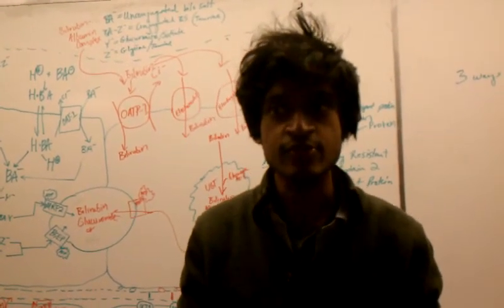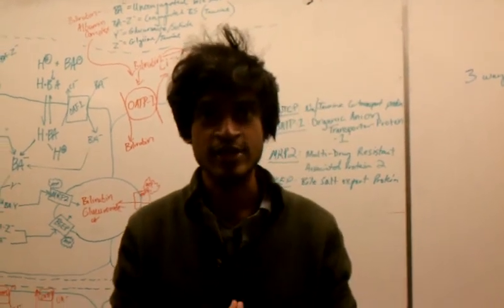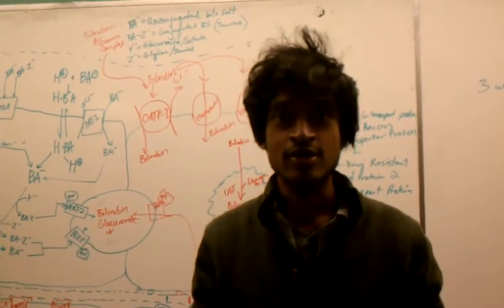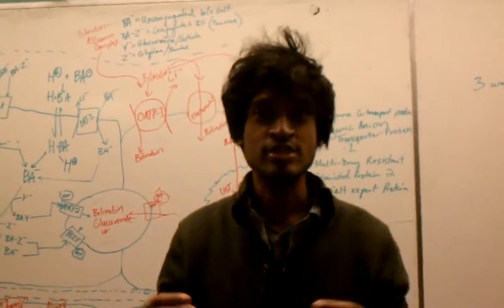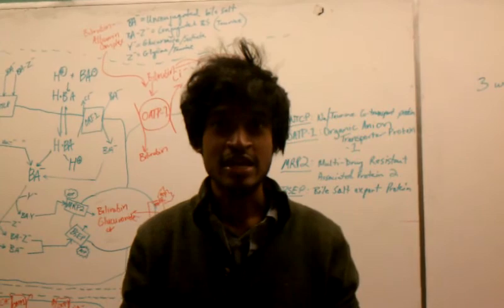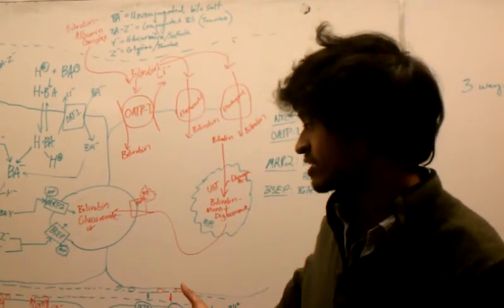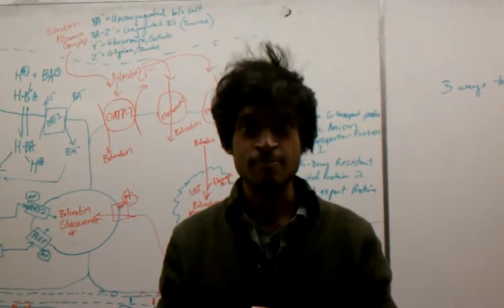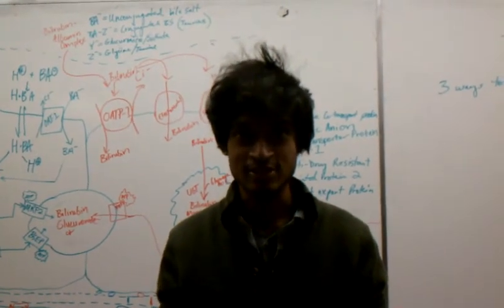So in phase 2 of biotransformation, what's going on here is I'm going to take my phase 1 product and I'm going to process that thing even further. And I'm going to do that all in the hepatocyte. And what I'm going to end up doing is making my product water-soluble.